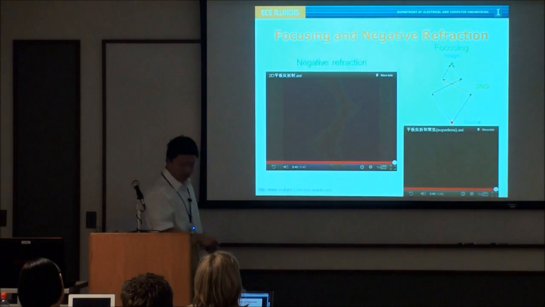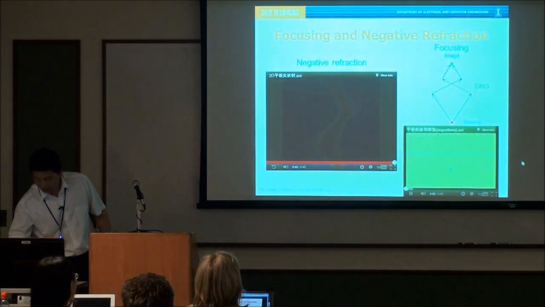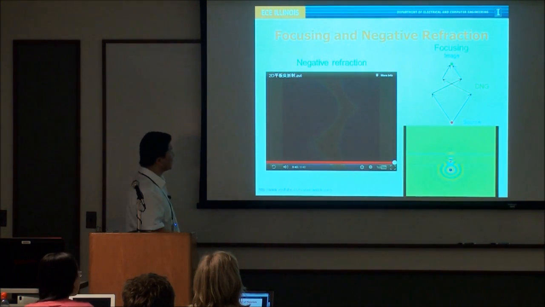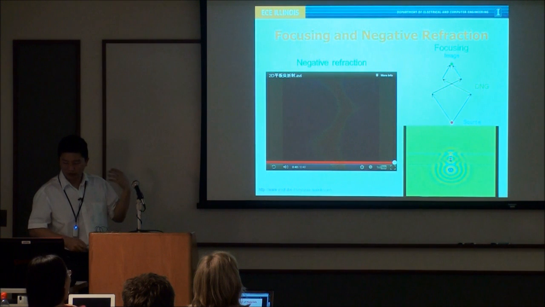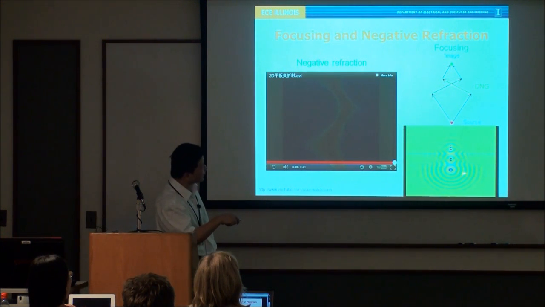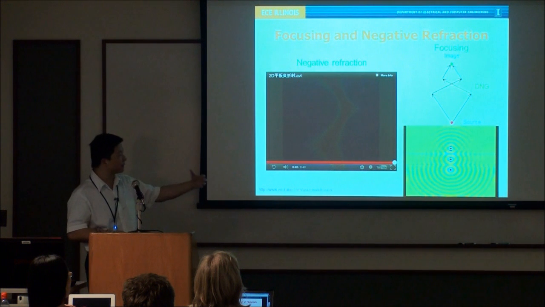And this is the case showing that if we have this metamaterial with double negativity, both epsilon and mu negative, then if you have a point source at one side of the metamaterial, you would expect a point image forming at the opposite side.